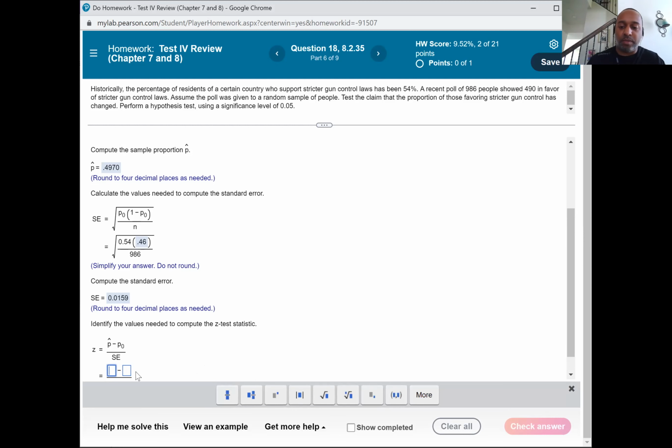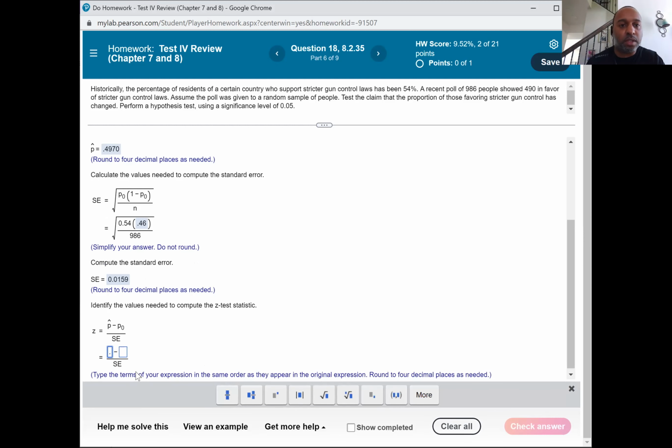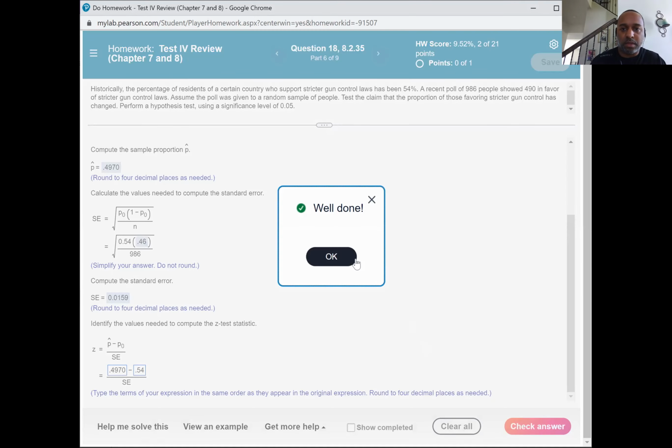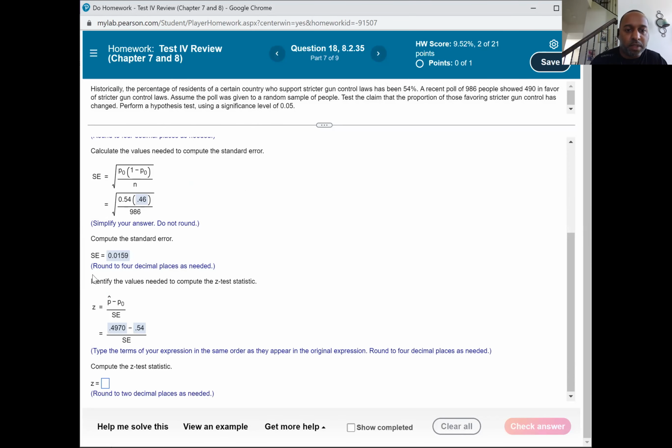So then we're just going to put in 0.49770, and it should be 0.54. So that's what our stuff is, and then we'll go ahead and do our calculation. So let's go back to the notes. We're just showing you how we're walking through the process.